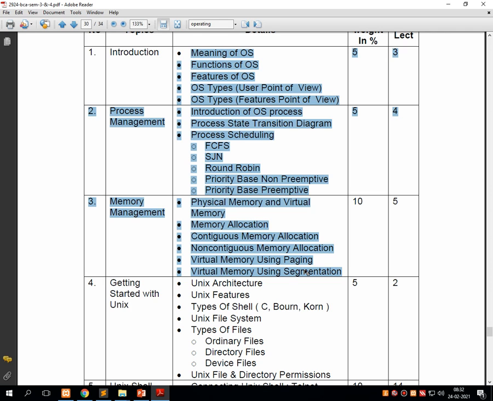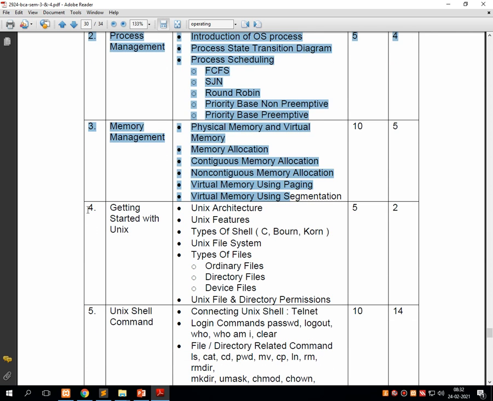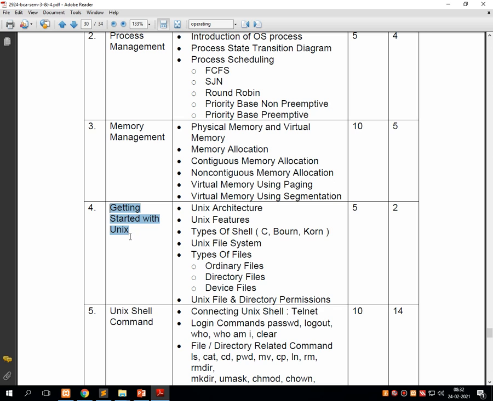All these are the theories that we have discussed, which demonstrate how the internal system works in the operating system. Now, in unit number 4, we'll get something new. The title of unit number 4, just focus on that title, is Getting Started with Unix.